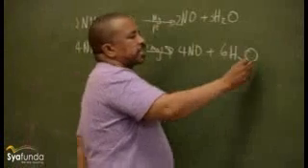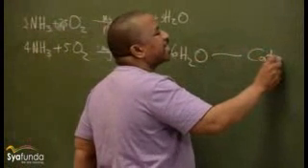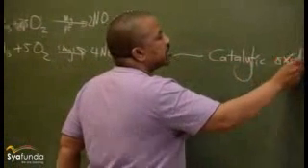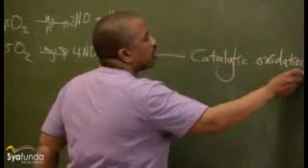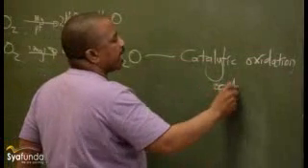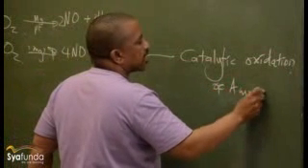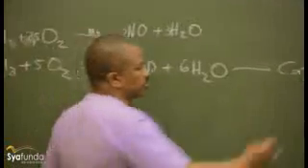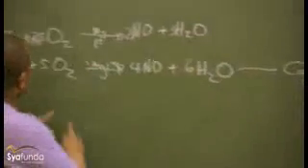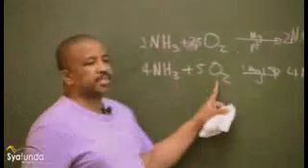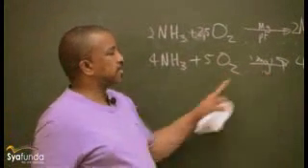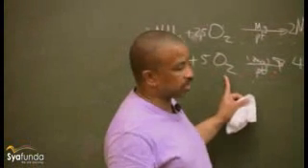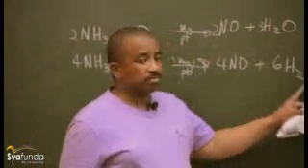Hence, the process is called catalytic oxidation of ammonia. So we oxidize ammonia in the presence of a catalyst, manganese or platinum. Then we form NO plus water.